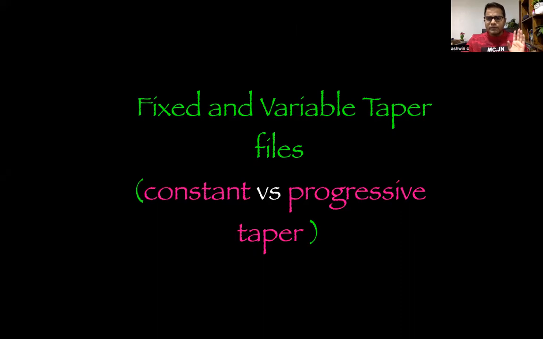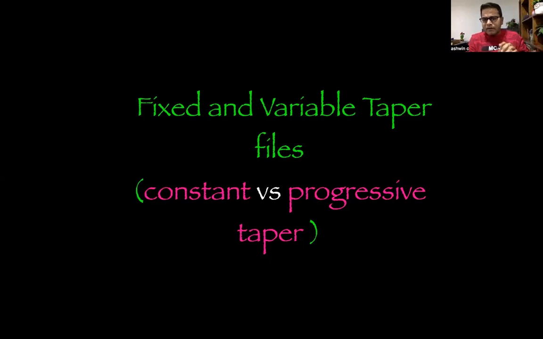Fixed or constant taper means if I take a 20 number file 4%, there is a constant rise of diameter by 4 units. Okay. But if I take a progressive taper file, I have a file with a taper like 4% for the first 2 millimeters, 6% for the next 3 millimeters, 8% for the next 2 millimeters, like this. So I have less taper at the tip, a little more in the middle, and even more in the coronal part.